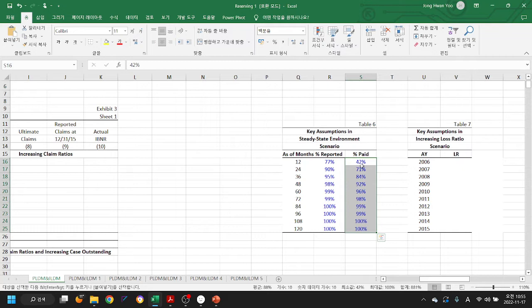But if you reverse it, that's going to be the loss development factor on a cumulative basis, right? A multiplicative model for the paid loss triangle and reported loss triangle.